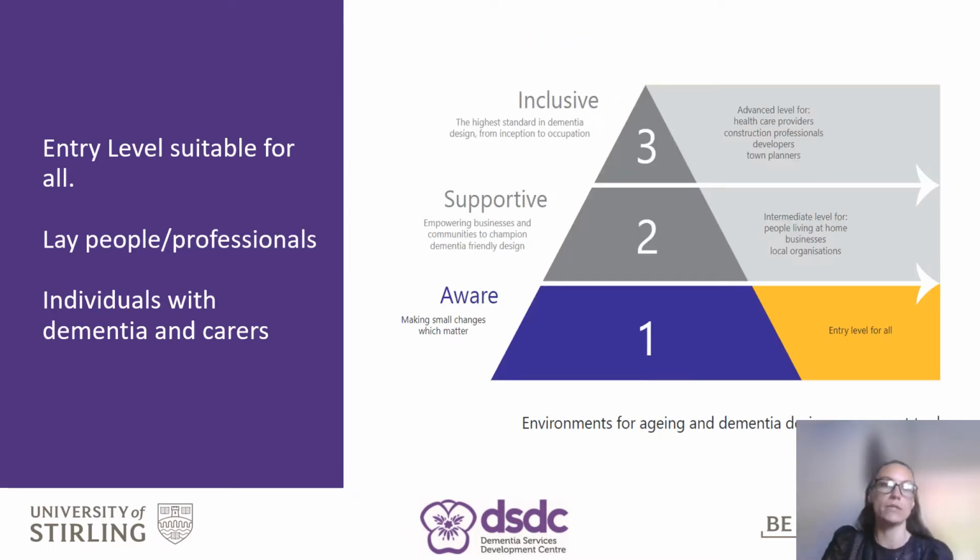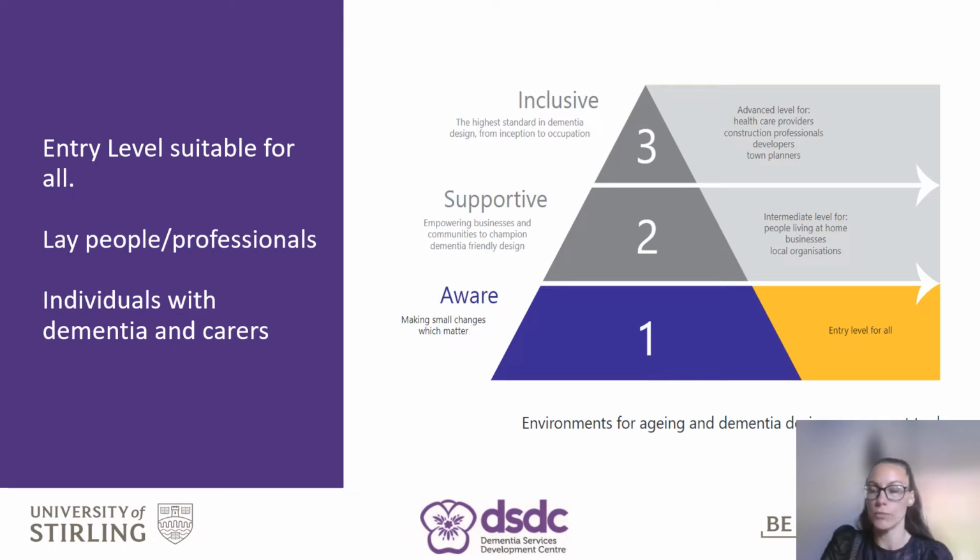So Tier 1 introduces the fundamentals of age and dementia aware design or modification. As I said, it concludes with a short checklist to consider simple changes in relation to the fundamentals, and it can be used in any environment type and is suitable for all.